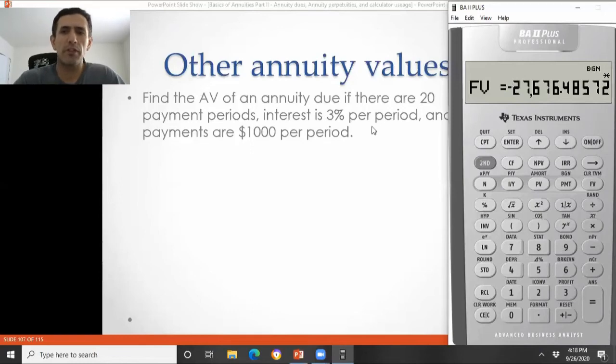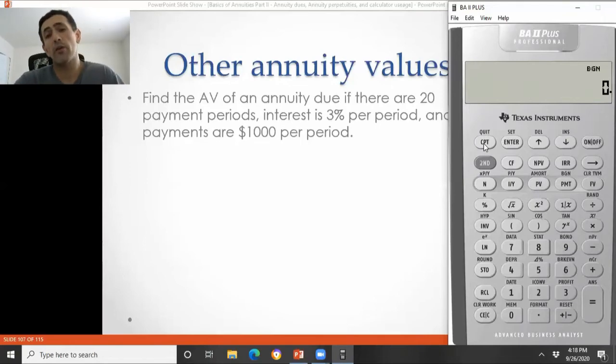But to get the 1,000, I have to shell out this amount of money. So by that logic, if I want to get the $27,676 at the end of the 20 payment periods, I would have to shell out 1,000 per period.